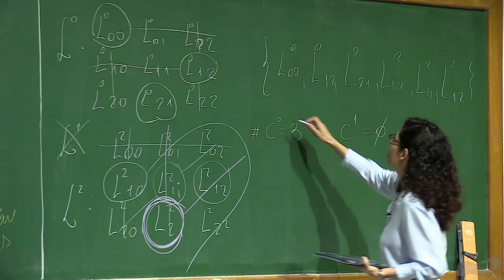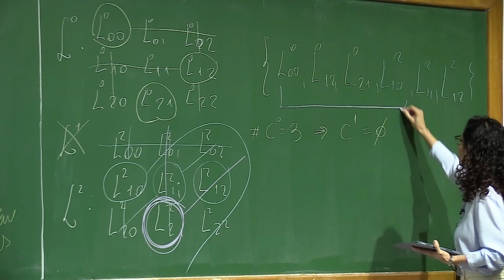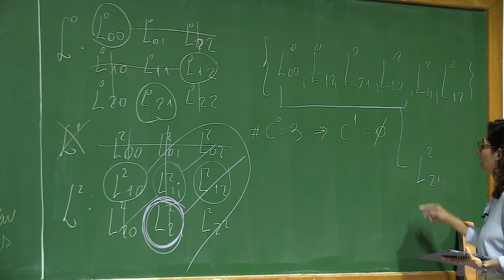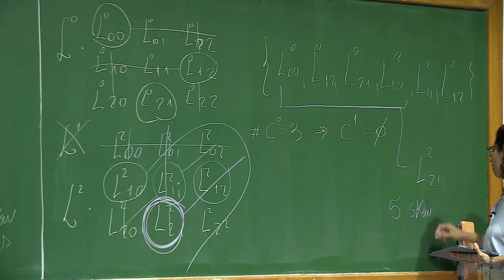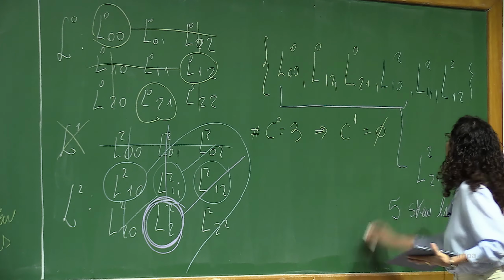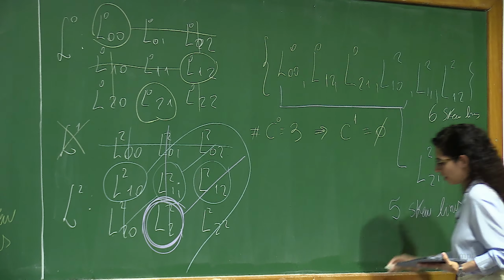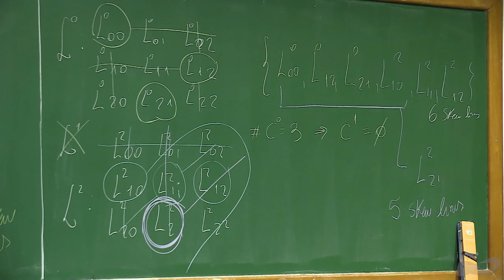So we just get this plus L21, and in this case, we get 5 skew lines. Here we have 6. So this is the Sudoku-like game that we should work on.